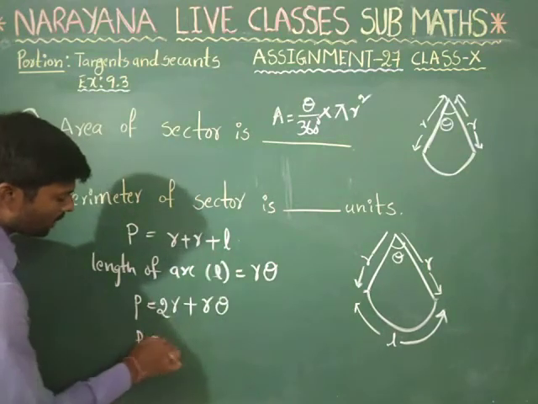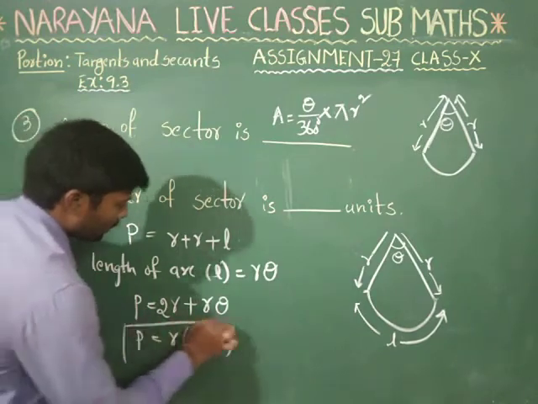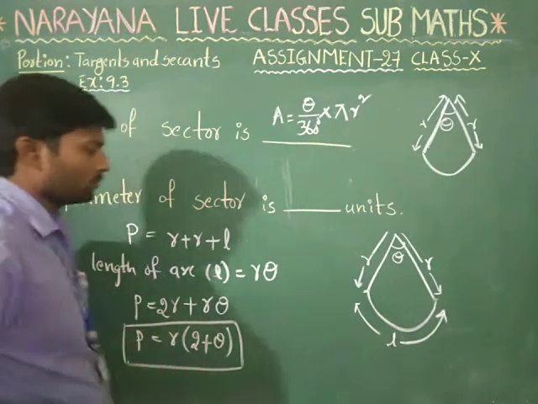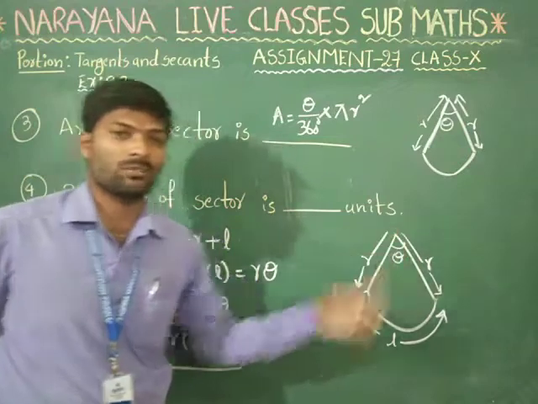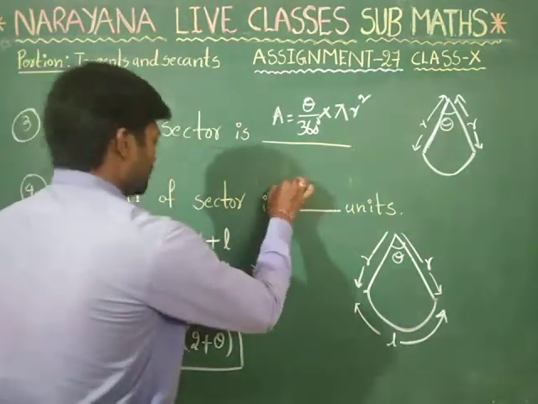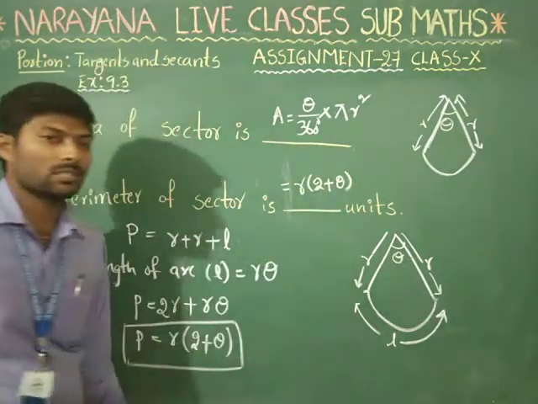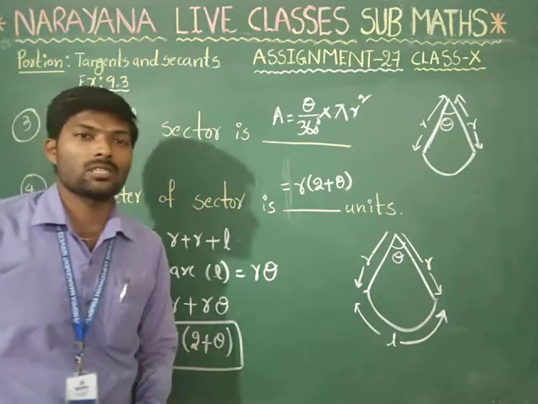From these two you can take r as common, that is r into 2 plus theta. So this is the perimeter of a sector, where r is the radius, theta is the angle between the two radii, and l is the length of the arc. So these are today's assignment questions. Thank you children.